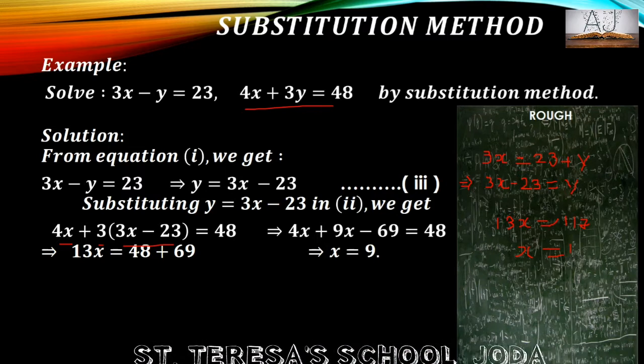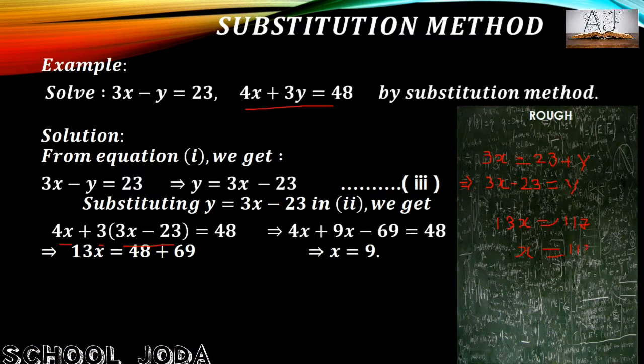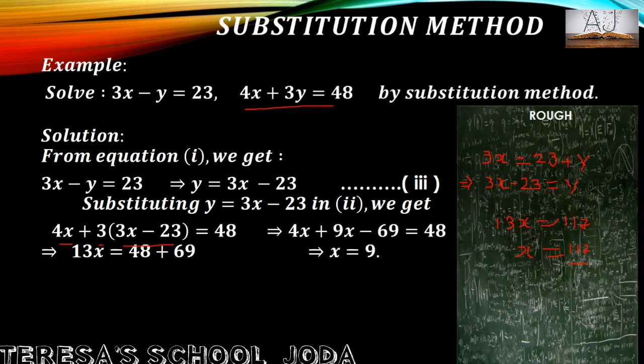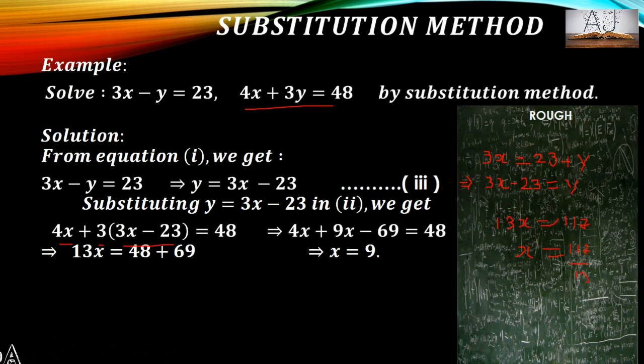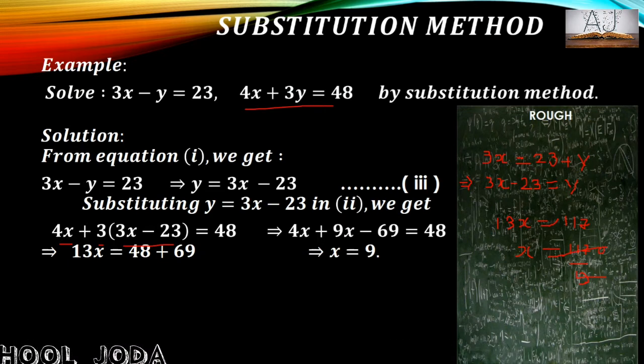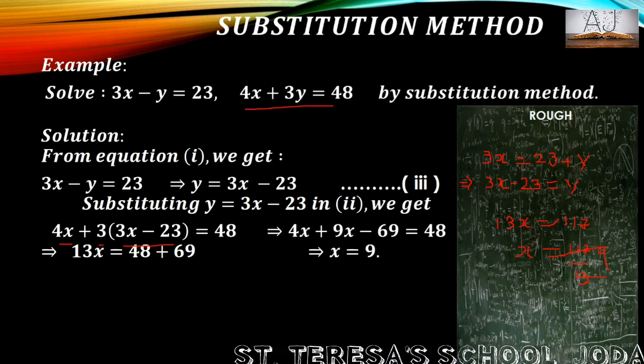So 117 by 13 is the value of x. If you know the table of 13, you can make it out. 13 times 9 is 117. So cancel 13. We have got the value of x as 9.